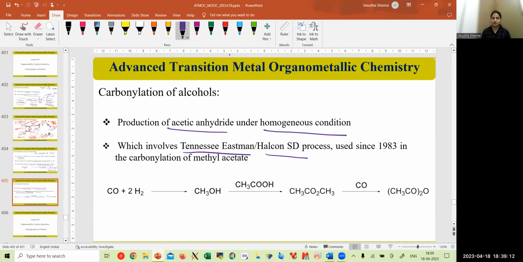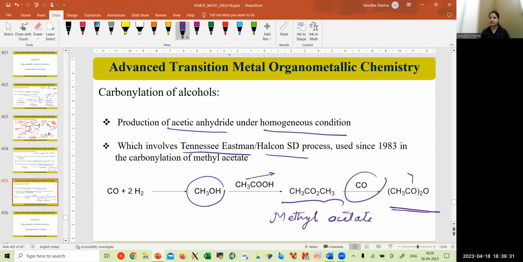The first step, you already know, is that in the presence of the copper catalyst we produce the methanol, and this acetic acid, when it comes from the Monsanto acetic acid process, will give you methyl acetate. So this is nothing but your methyl acetate, and the carbonylation now happens, and this gives you the anhydride.